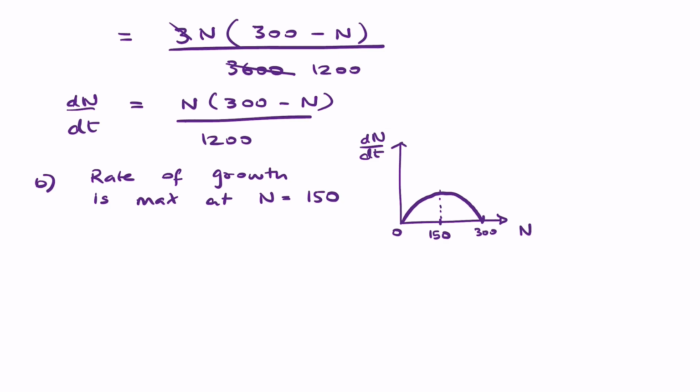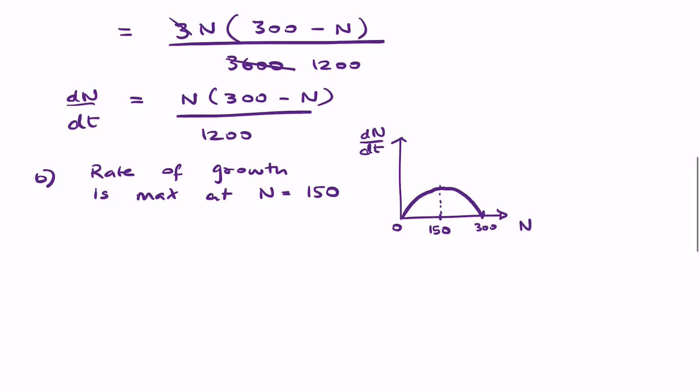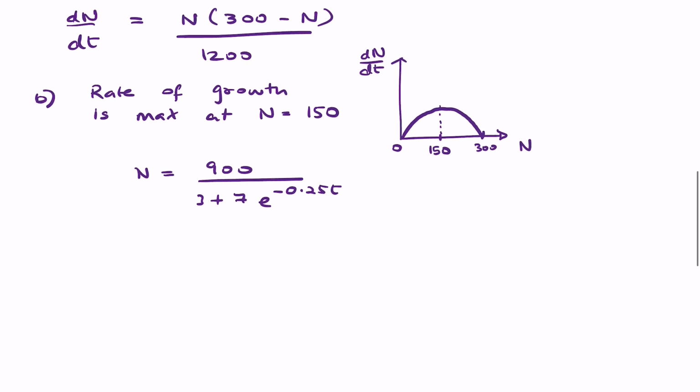Now I know that I was given N as 900 over 3 plus 7e to the minus 0.25t. From here, I would introduce 150, and basically move this here first, 900 over 150.